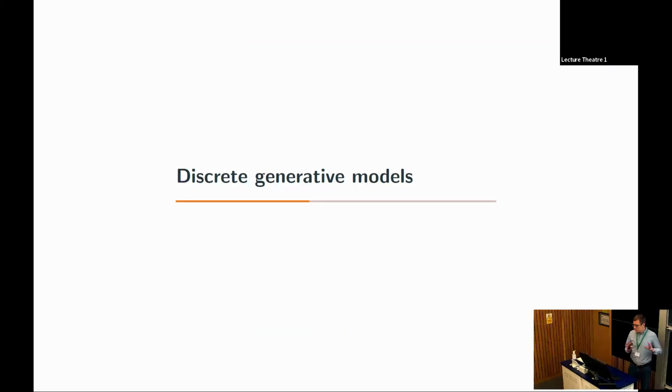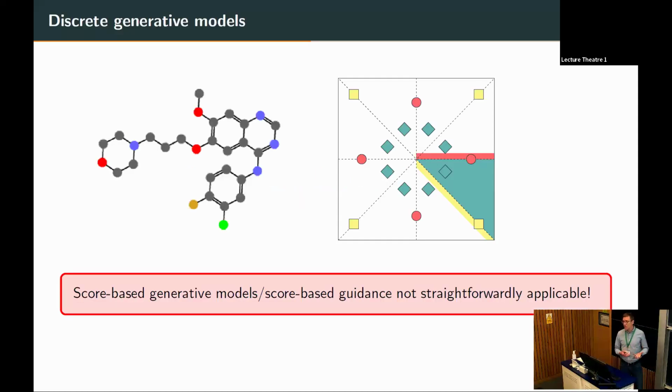Right, so we cannot take what I've said about SMC and so on for these models, put that aside for a little while, and I will talk about discrete generative models. Discrete generative models are really about generating some kind of discrete objects.